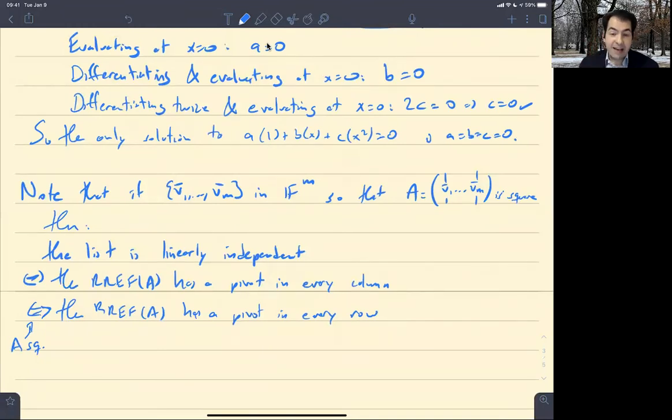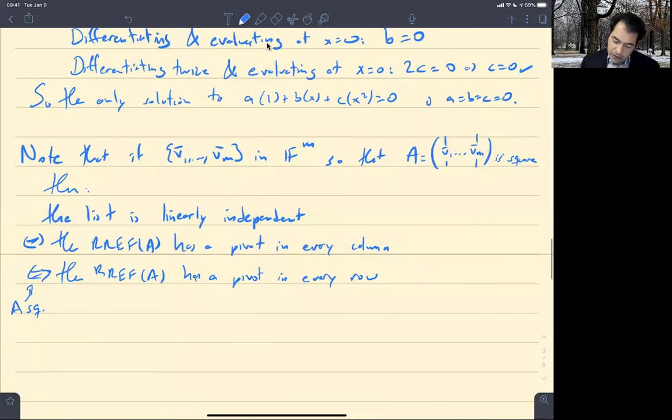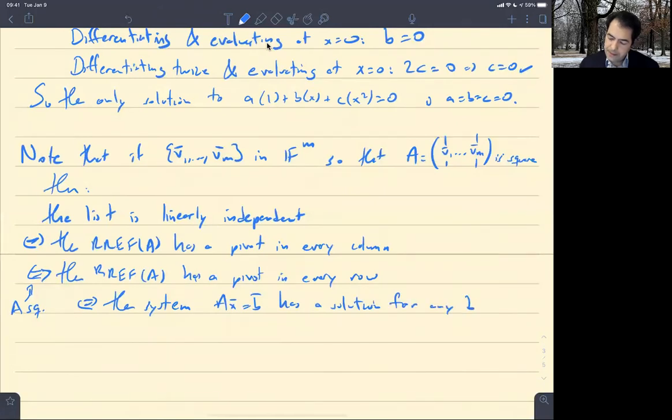Okay, but not having a pivot in the final column means that the system is consistent. It means that there is a solution, right? So this means we can solve the system AX equal to B, it has a solution for any B, right?